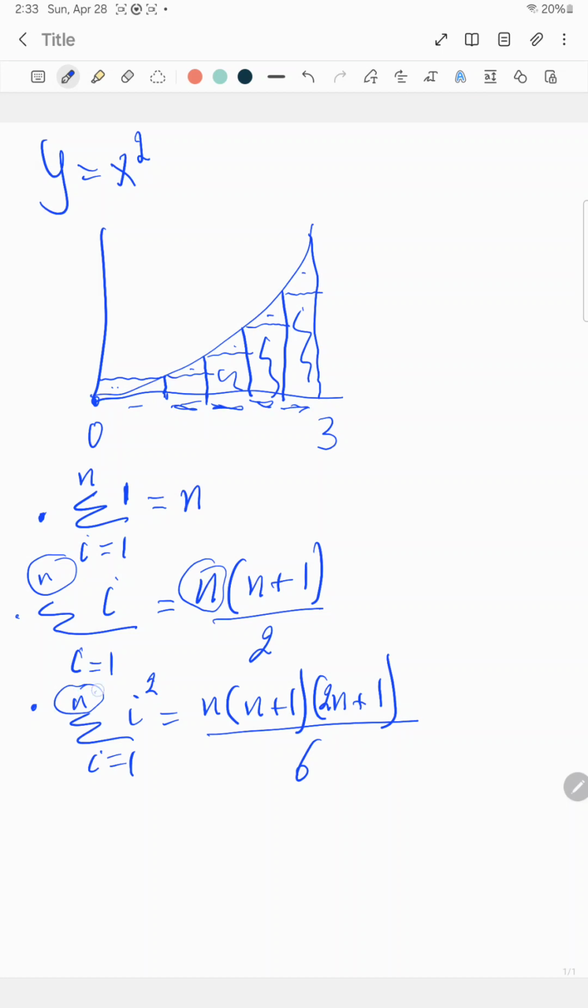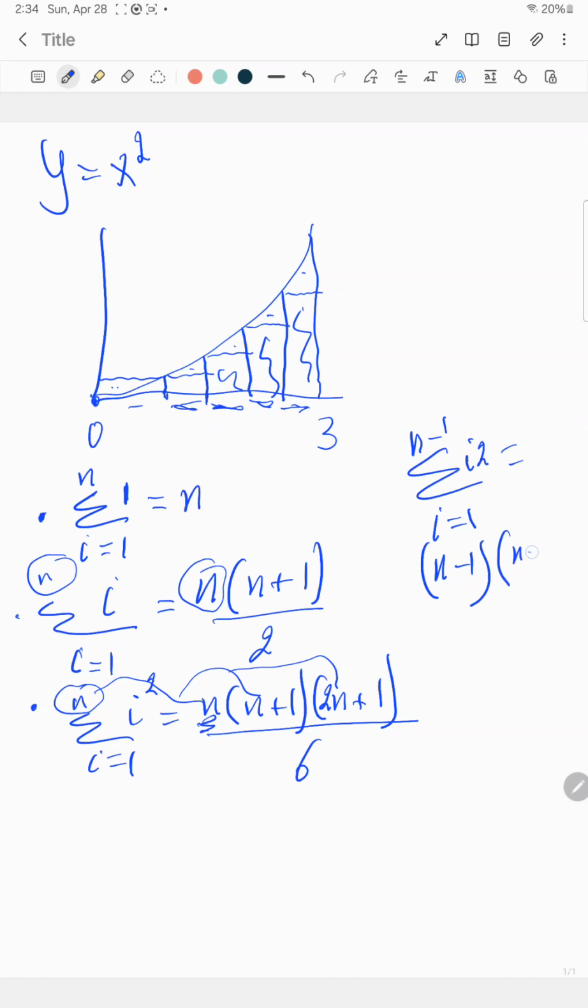So if I have the sum i equal 1 to n minus 1 of i², that n becomes n minus 1. That's the first n. The second one is n minus 1 plus 1. And the third one, 2 times n minus 1 plus 1, all divided by 6. So you have to be careful with that.